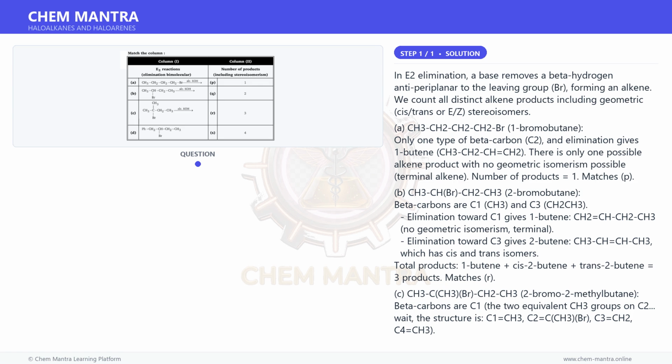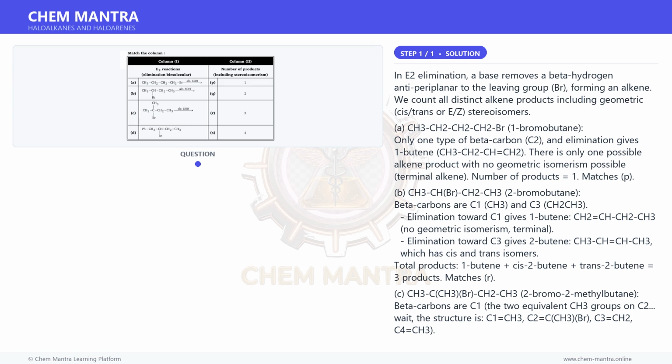Matches P. B. CH3CHBrCH2CH3, 2-bromobutane. Beta carbons are C1, CH3, and C3, CH2 to CH3. Elimination towards C1 gives 1-butene, CH2=CHCH2CH3, no geometric isomerism, terminal.